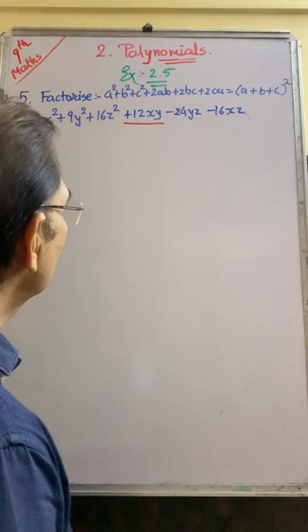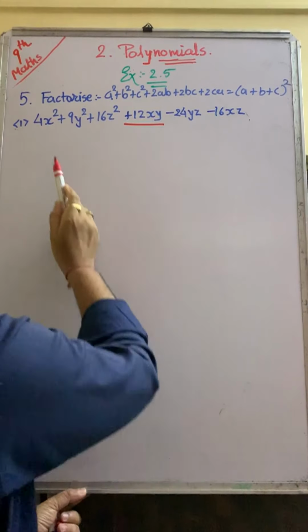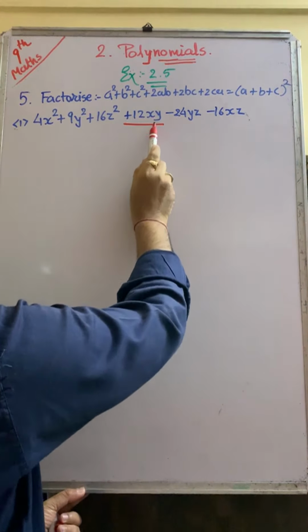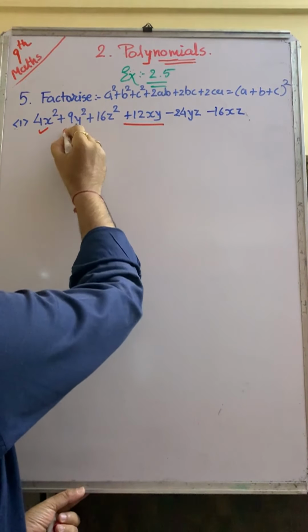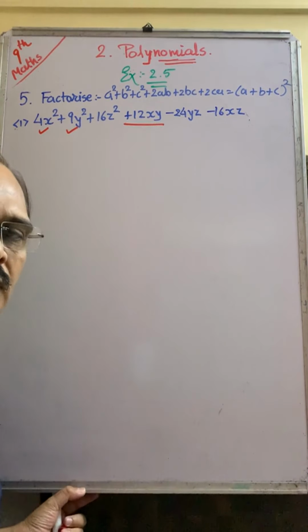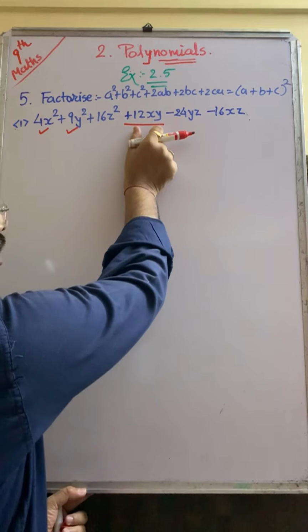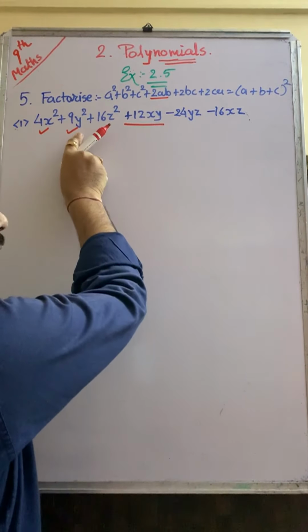According to our formula, we said a square plus b square plus c square plus 2ab. This is the position of 2ab, meaning we derive a and b from the first and second term. Is it okay? So this term is positive. The position of this term is 2ab, meaning a and b terms should be positive.